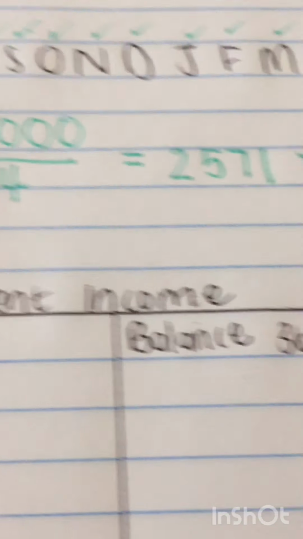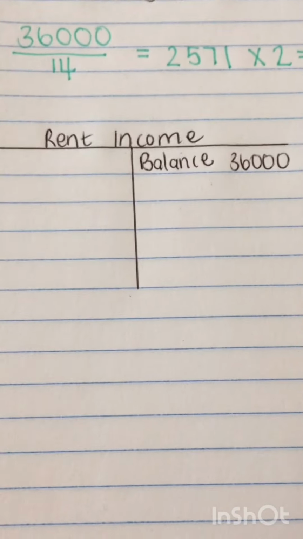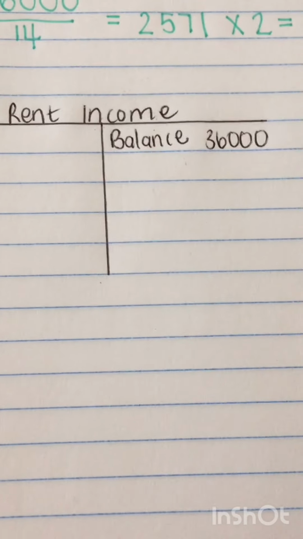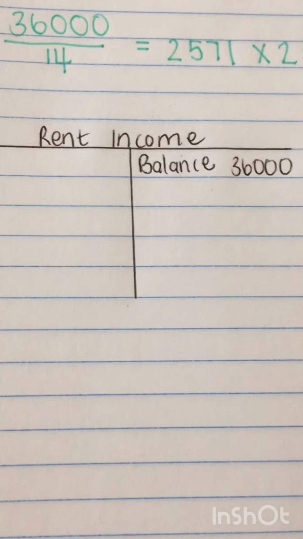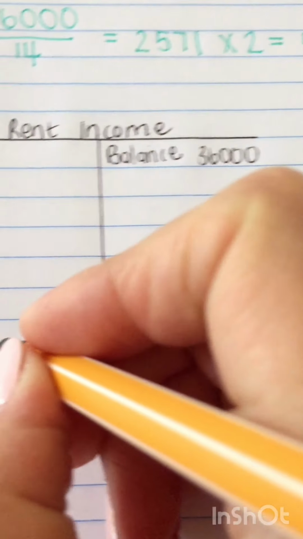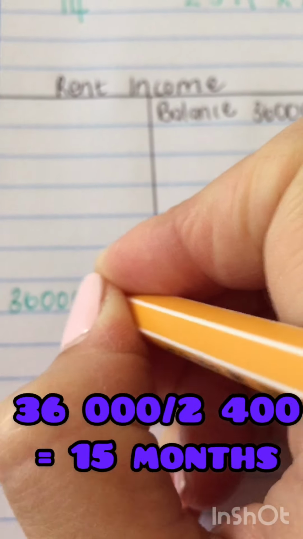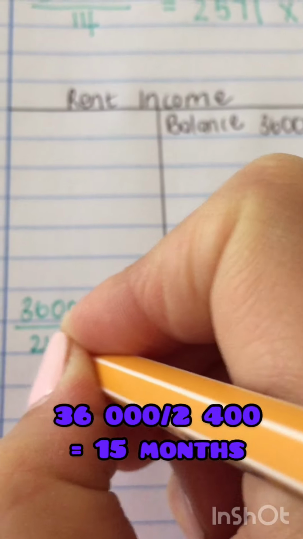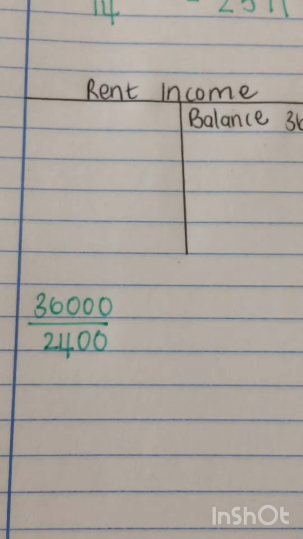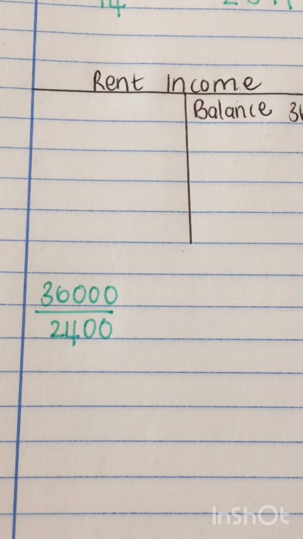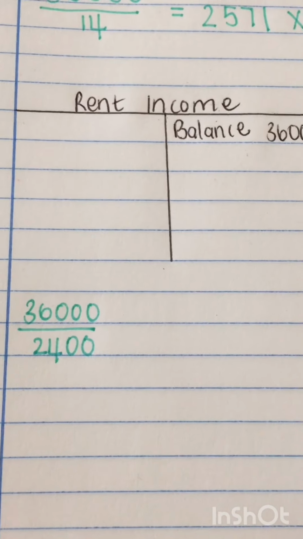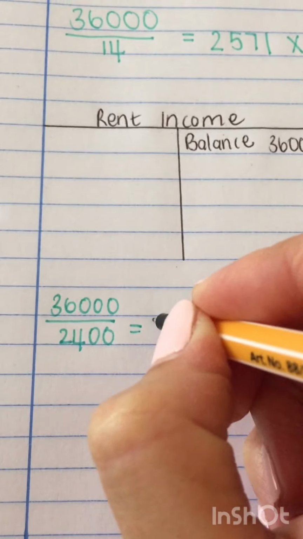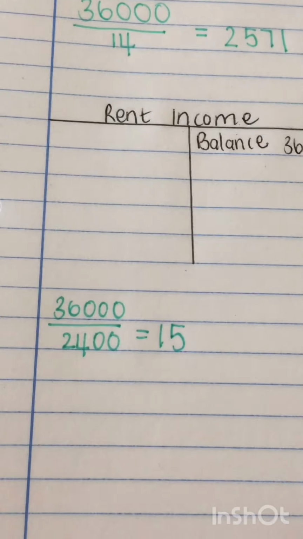So I go to my books. There I've got rent income, 36,000. So the only thing I can do is take the 36,000 and divide it by the rent per month, which is 2,400. And the answer I get is 15.